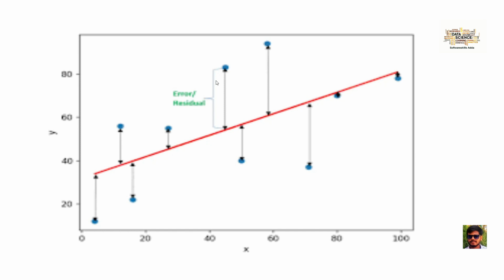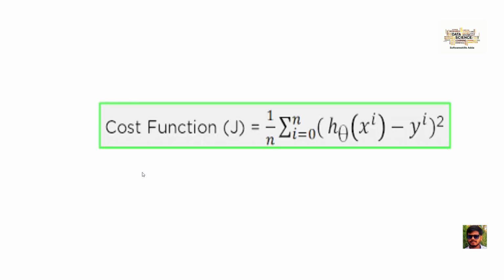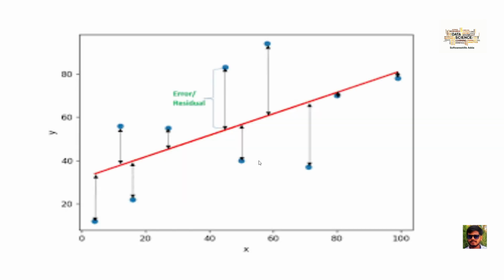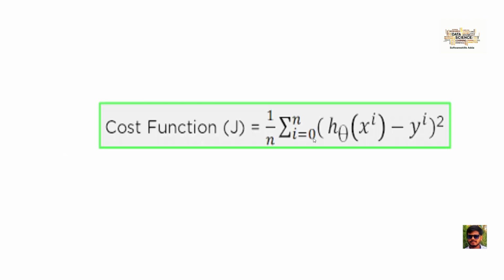For all these points we calculate the error using the cost function. So this is the cost function formula. The main aim is to minimize the cost function. For this we change theta naught and take the derivative of this cost function.